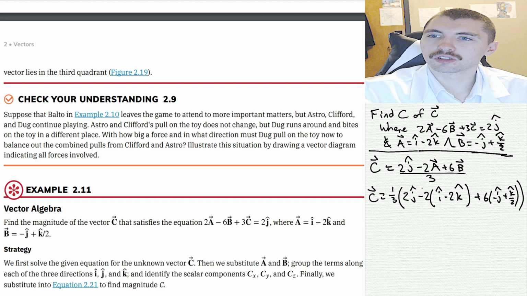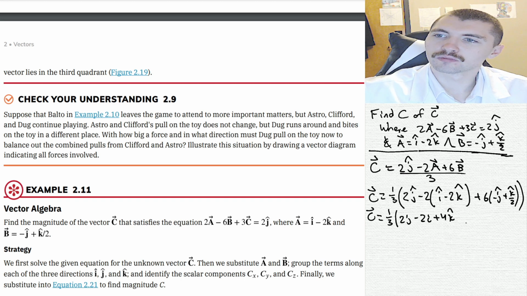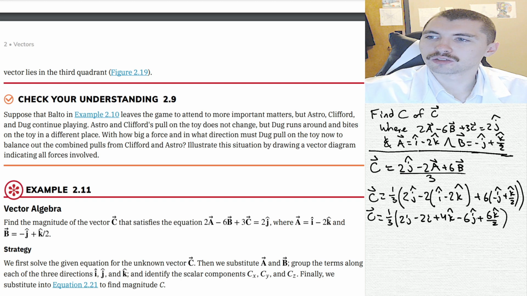Okay, so that's our equation. I guess we can draw it out. Minus 6 j hat. All right, so that should be 3.